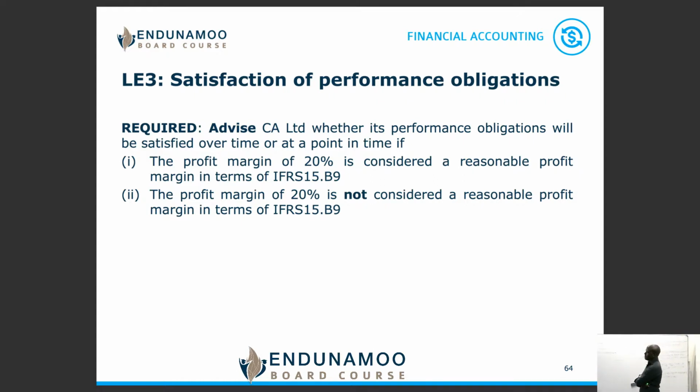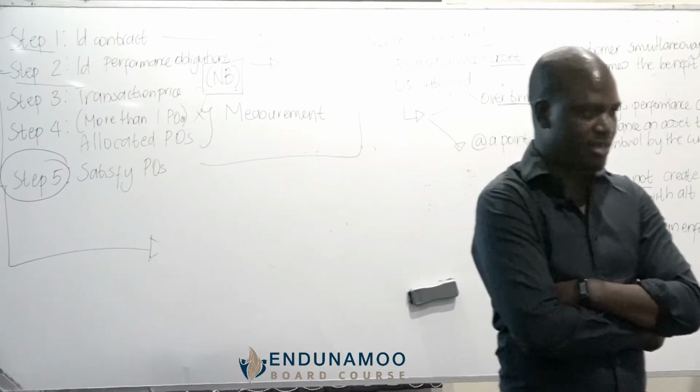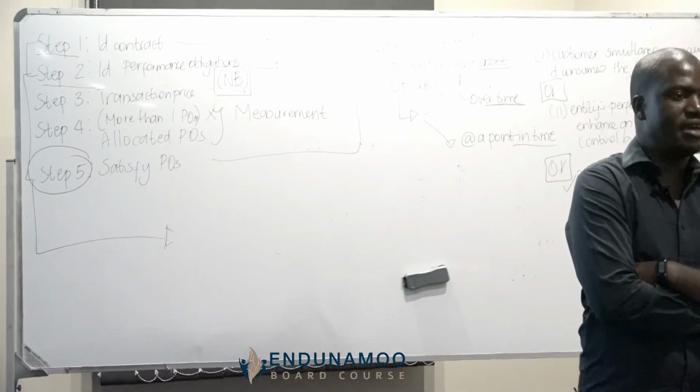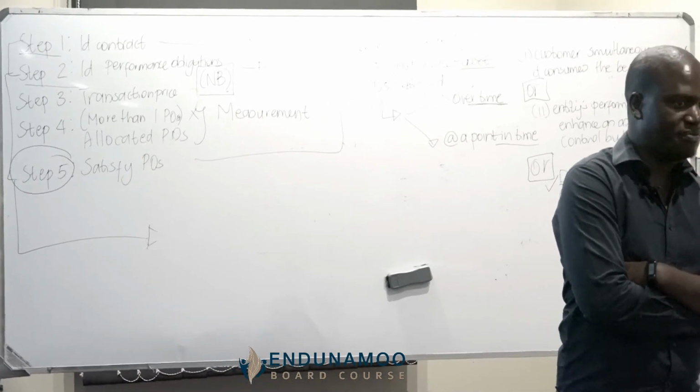If the profit margin of 20% is considered a reasonable profit margin in terms of IFRS 15, paragraph B9. The margin of 20% is not considered a reasonable profit in terms of IFRS 15, paragraph B9. So B9 is the one that talks about the right to enforceable payment.